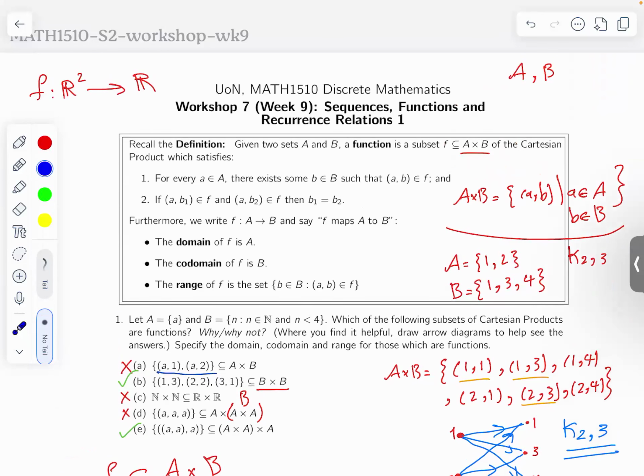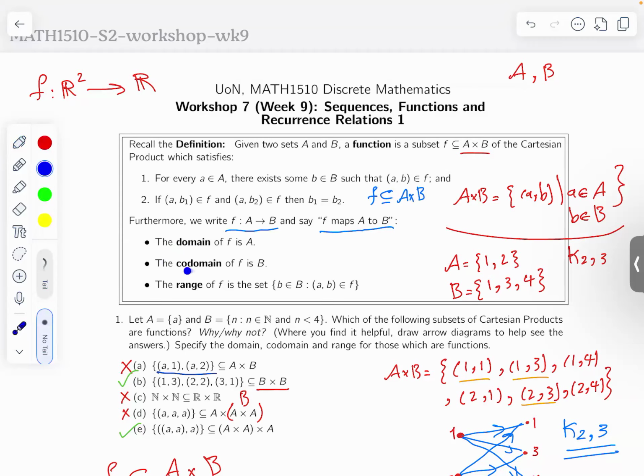From your high school, you remember that we show f from A to B. As I said, f is a kind of relation, so f is a subset of A times B. But since it is a special relation, a function, we write it like this, and we say that f maps from A to B. The first set A is the domain.